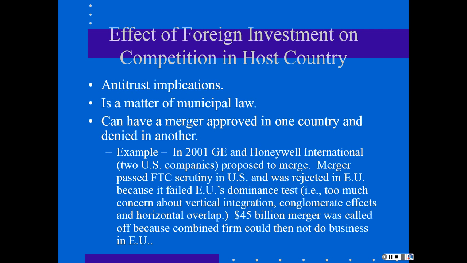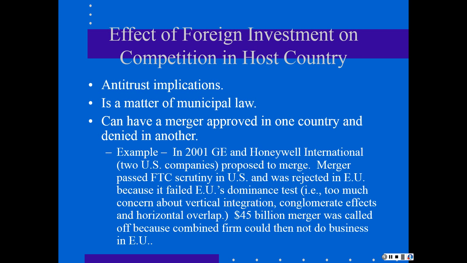Mergers, approval of mergers in the foreign country. We talked about this. By and large, it's fairly easy to combine two companies in the U.S. It seems that ever since the 1980s, the U.S. has been reluctant to limit mergers. Now, sometimes they do, and we've talked about that.